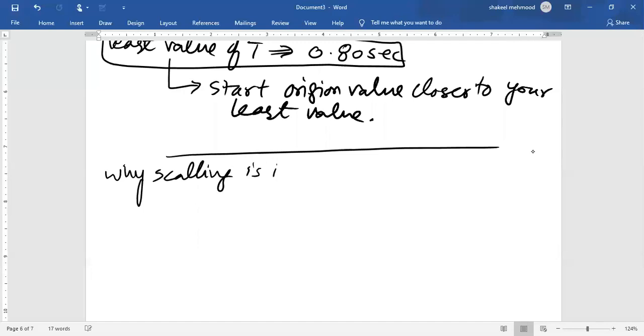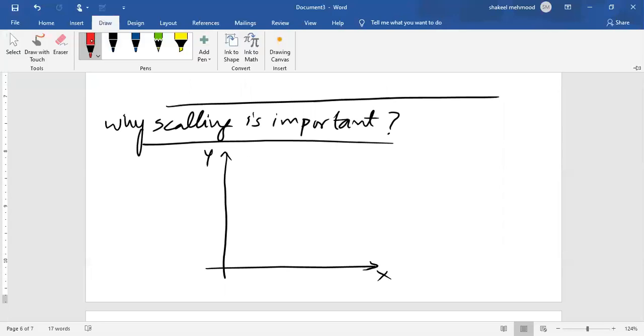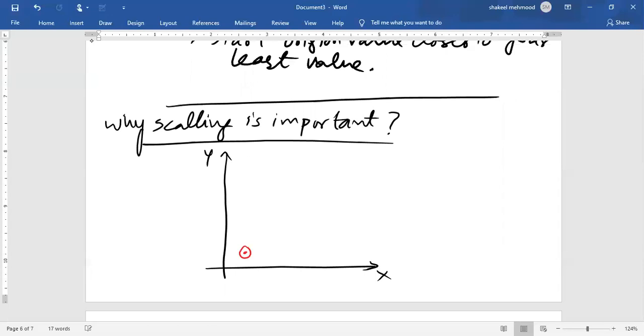Why is scaling important? Beta, keep one thing in mind. Whenever you have to make a graph, make sure of the distance between... let me tell you, this is x-axis, this is y-axis. Suppose this is your first point, and suppose this is your last point, and some points are there in between as well.